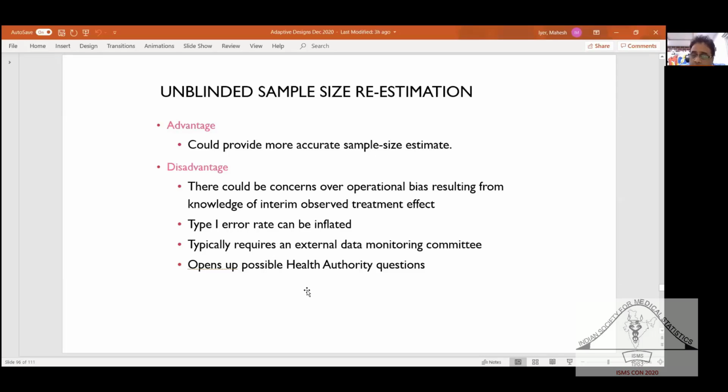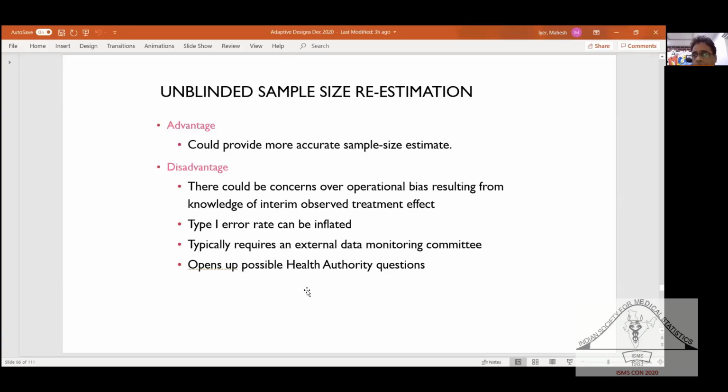There is no way to take care of that. We can only test at the end to find out if the data we got before the adaptation and after the adaptation is consistent. That's all we can do. We cannot get rid of the operational bias.